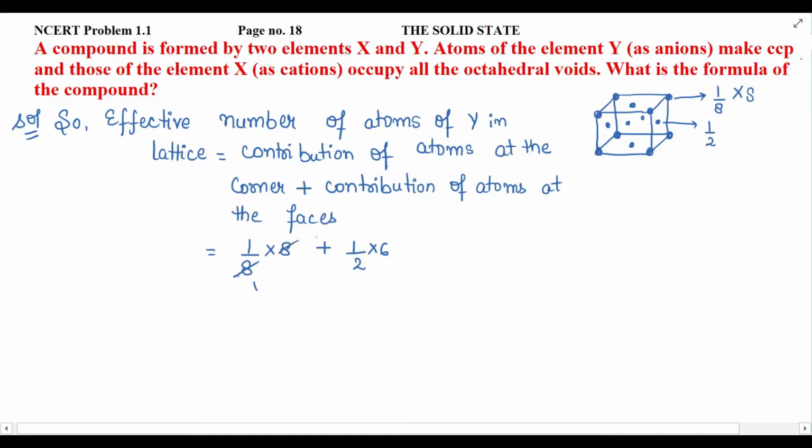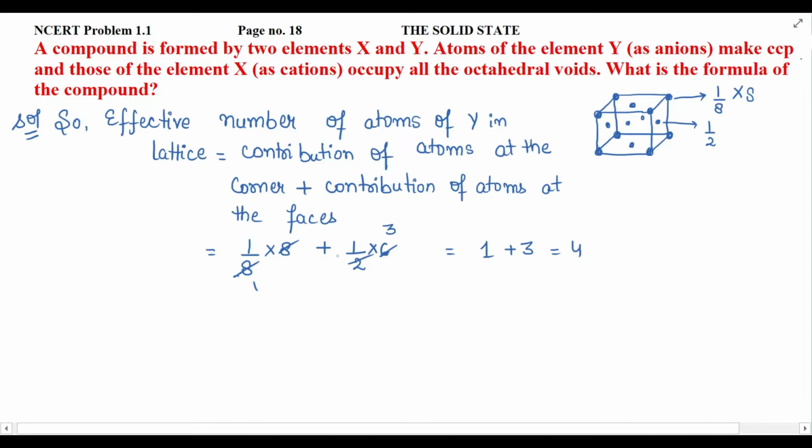So I'll cancel 8 with 8, 2 with 6, I'll get 3. So it will be 1 plus 3, that means 4. In CCP structure, or you can also say FCC structure, the total number of atoms contributes equal to the 4 atoms, right?